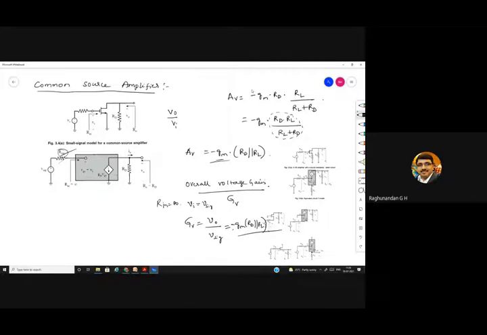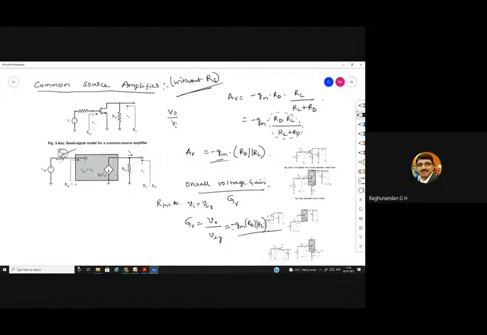So this is about the common source amplifier without RS, without source resistance. In the exam, if they ask you to explain the common source amplifier, the choice is yours. You can explain with or without source resistance.